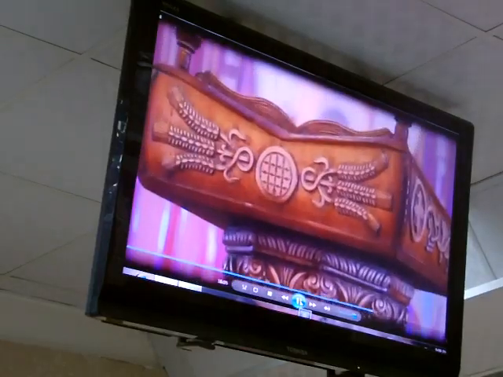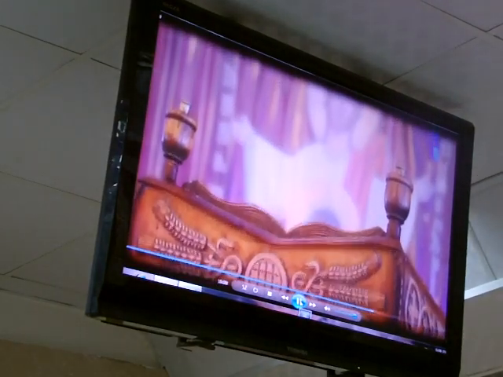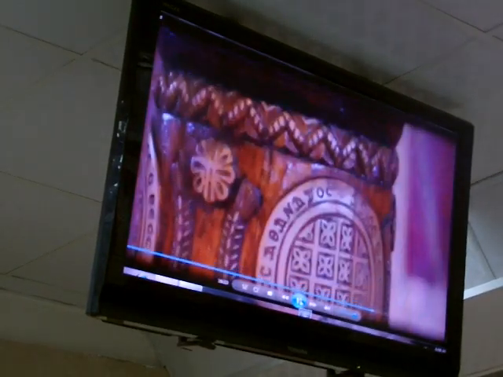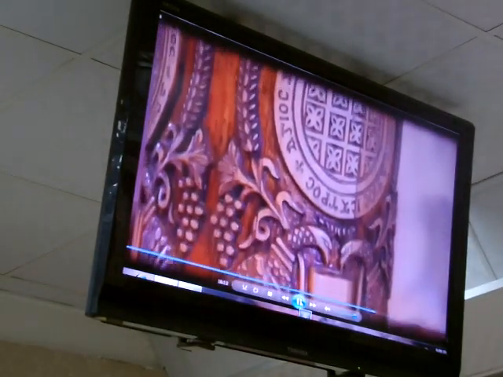This is the cathedral in the monastery, inside, some decorations.